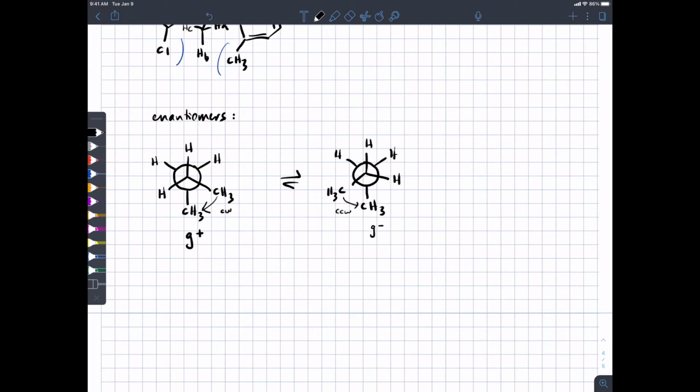I'm not sure if I've got that sign convention right, but anyway, they were different, but we don't consider them enantiomers because they rapidly interconvert at all temperatures that we're interested in. We'll just say room temperature and so on.